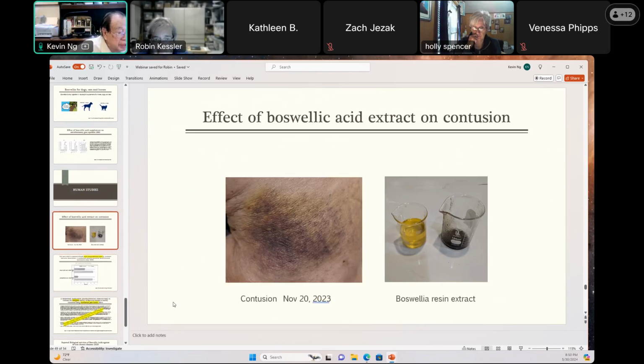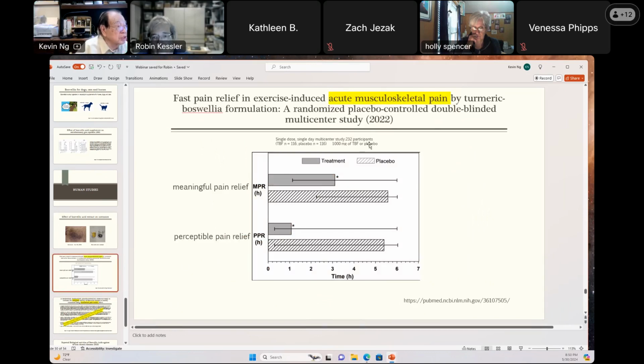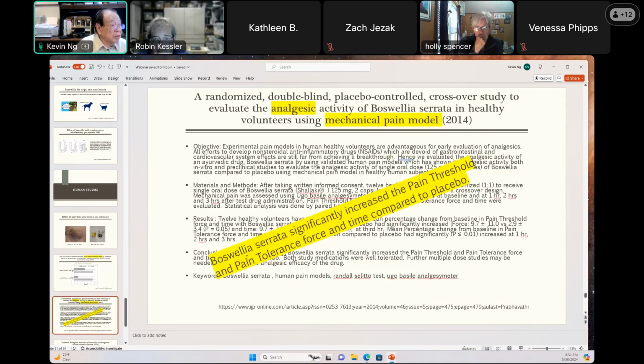Now, there are many other studies that confirm my observation. One study, a randomized controlled, double-blind study, showed that people who take this, which unfortunately is an extract of turmeric and boswellia, benefited. Another study also proved that boswellic acids are very effective in reducing pain.